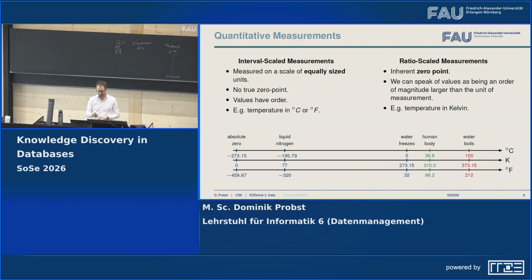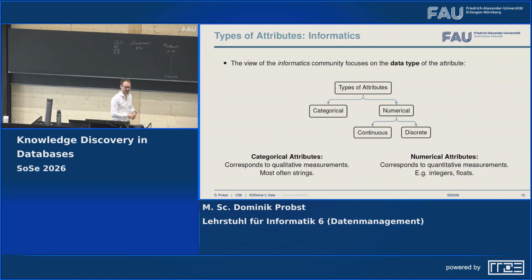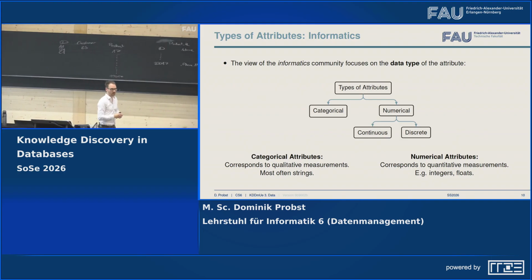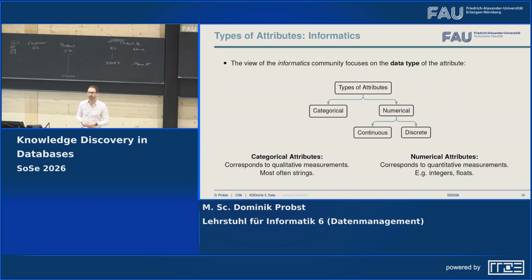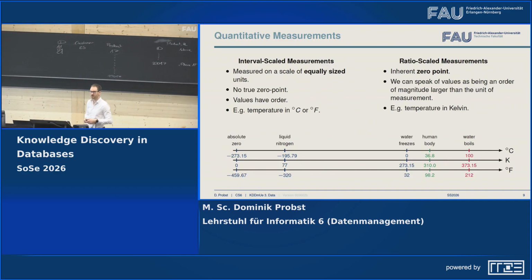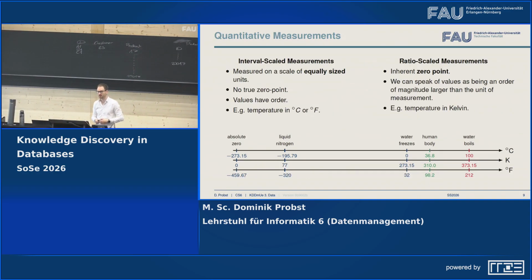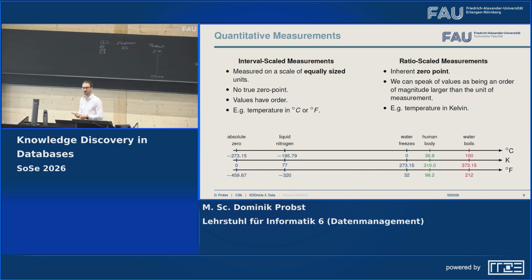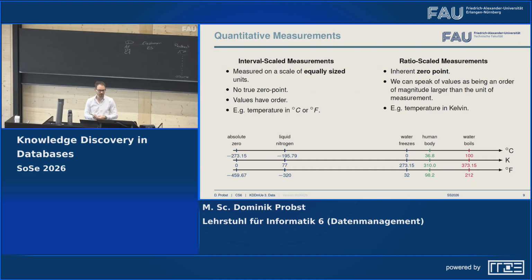Okay. Then we can go to the next view on attributes. So it's just about the scaling type of data. We don't have any tangible other example that we have for ratio scale. For example, we have kilogram and pounds or something like this, which also is in this category.